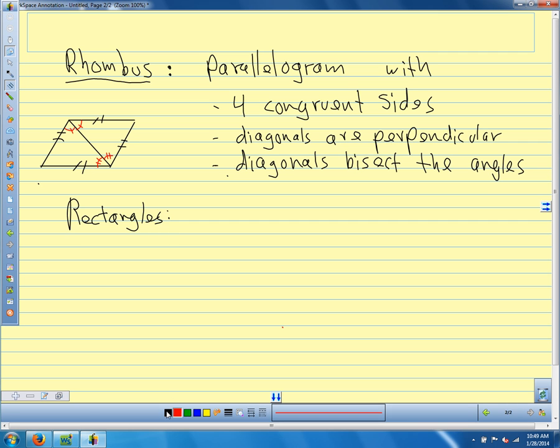Rectangles are parallelograms. So everything that's true about a parallelogram is true about a rectangle. Rectangles have 4 right angles.